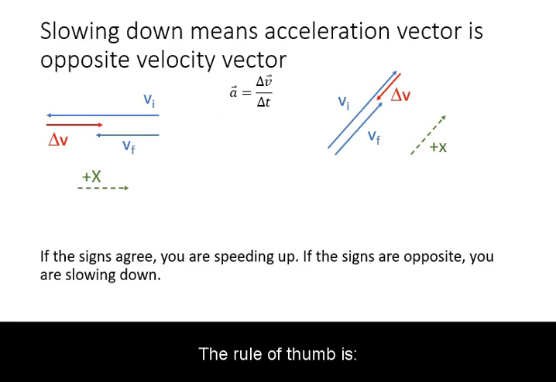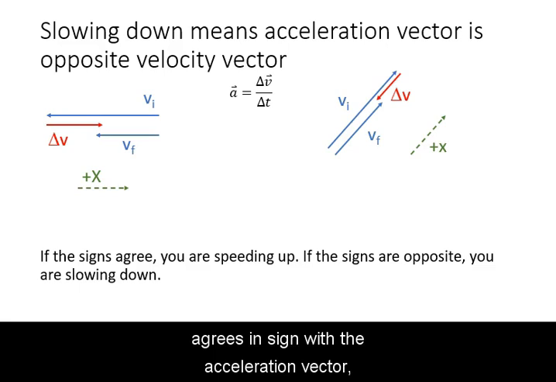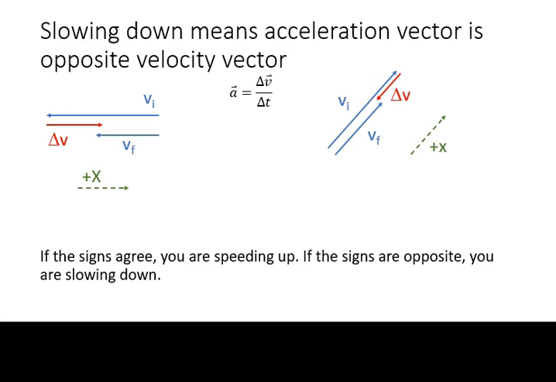The rule of thumb is that if the initial velocity vector agrees in sign with the acceleration vector, the object is speeding up. If the signs are opposite, then the object is slowing down.